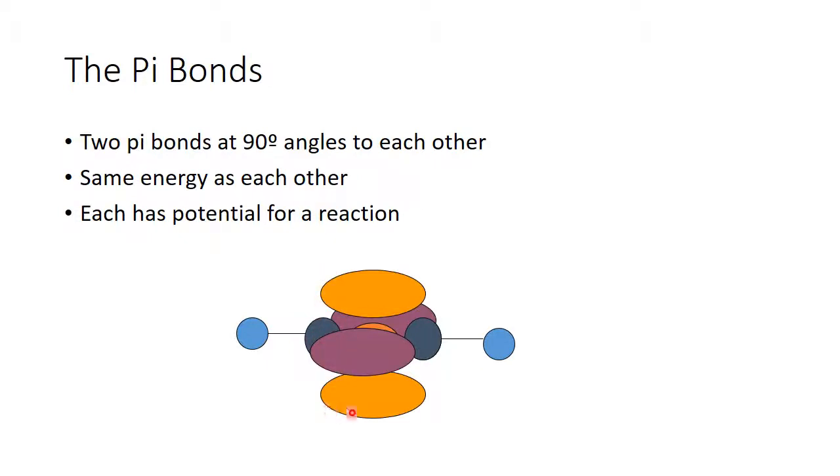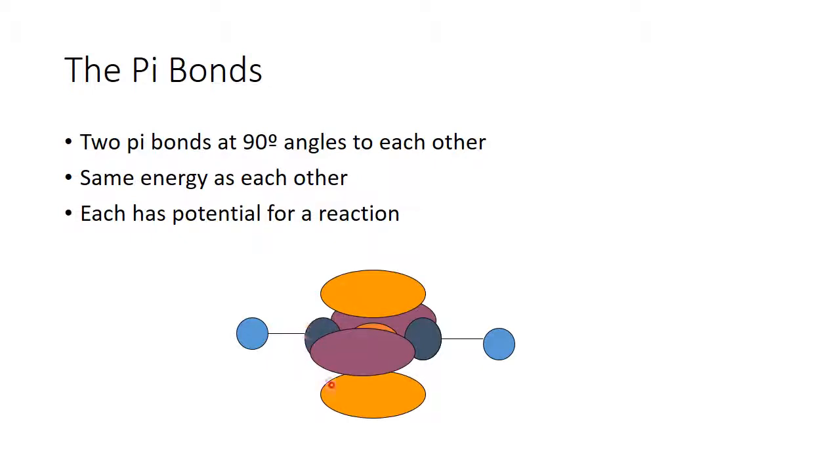One here in the plane, one here in the plane, overlapping like this to form one pi bond. And then on this one, we have a p orbital coming directly out at you and going behind the page, and one on this carbon coming directly out at you and going behind the page, and they overlap side to side to form these two halves, one half and the other half of the pi bond.